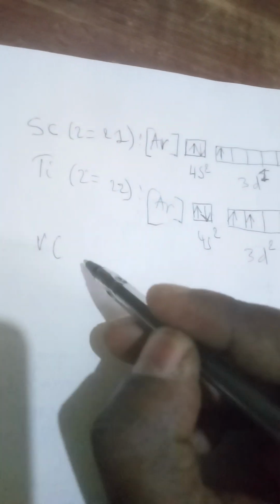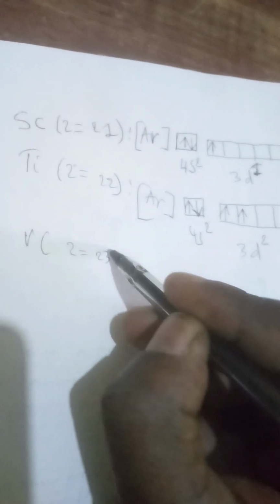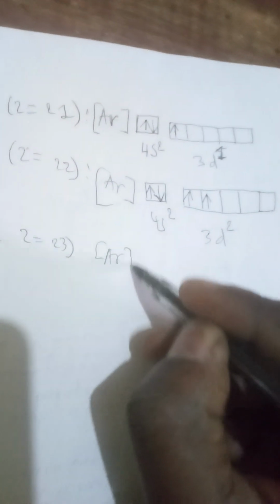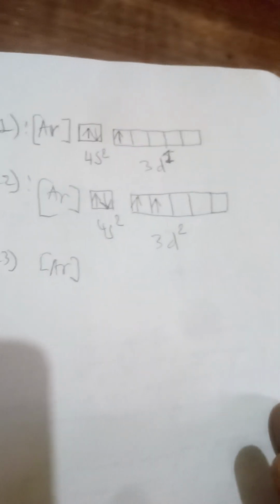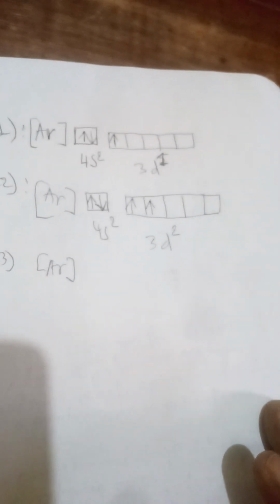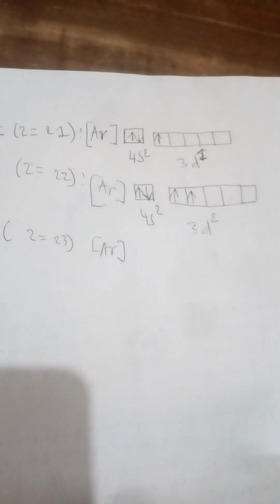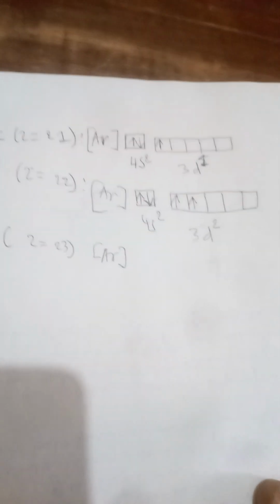The next is vanadium, Z is equal to 23. We use the configuration of argon as well. But I wanted to explain that using the condensed form in an assessment, for example an examination or a quiz, is not good.